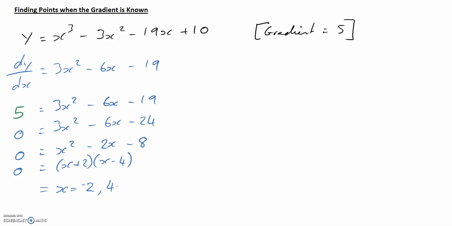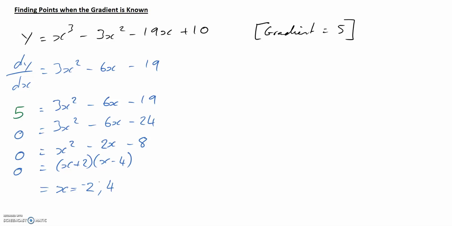So what this is telling us is that when this function is at x equals negative 2, or when the x value is at 4, it will have a gradient of 5. And we did that by substituting in the 5 and then solving it, or rearranging it to equal 0 and then solving it just as a quadratic.